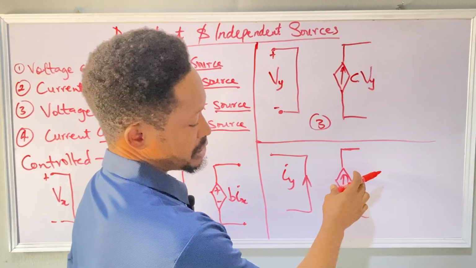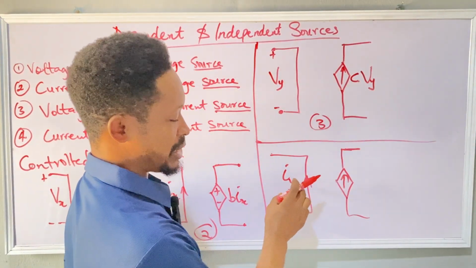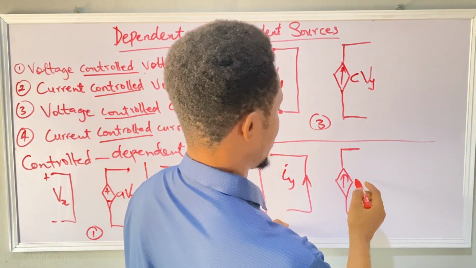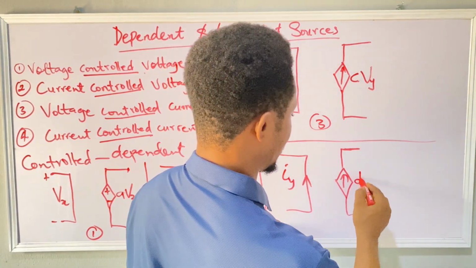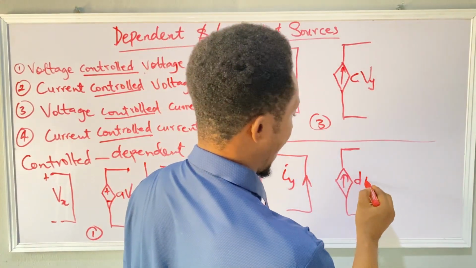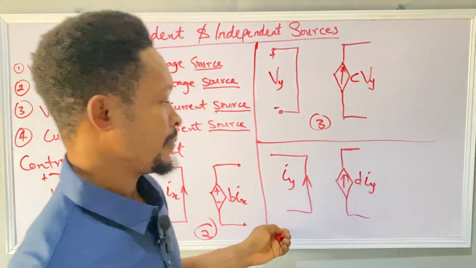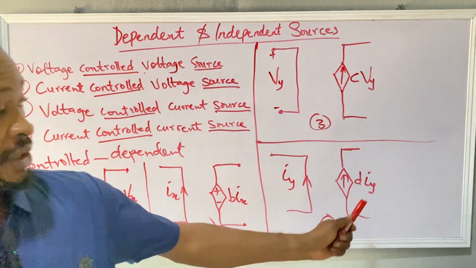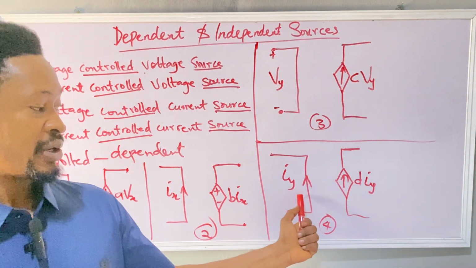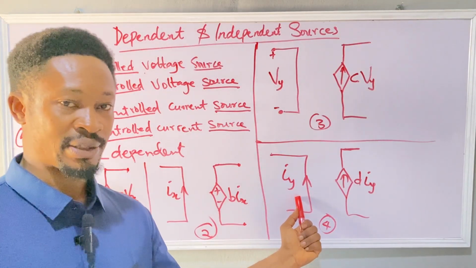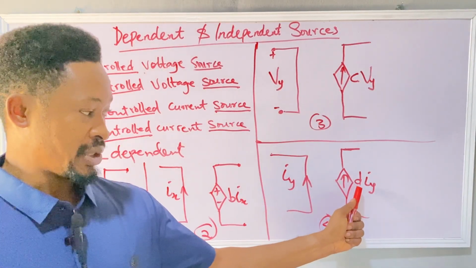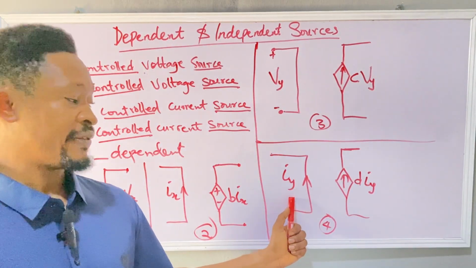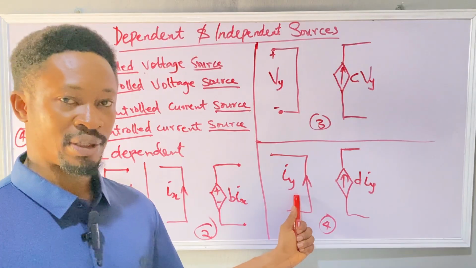So this current here will be depending on this external current, which means the value of this, you can call it D, will depend on Iy. This is our number 4. So you can see the current there is depending on this external current, which means the value of the current here is being controlled by the value of this current here.